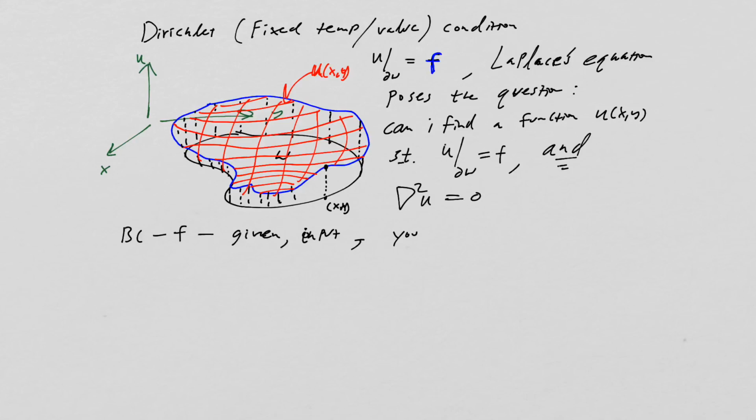And your job is to find u on the interior. It's the input, and of course by the input I mean that the input is given on the boundary. Okay? All right.